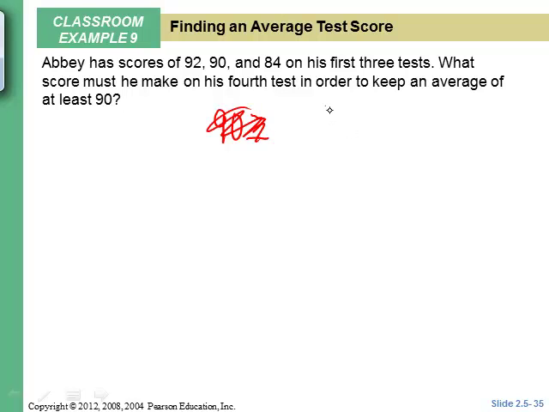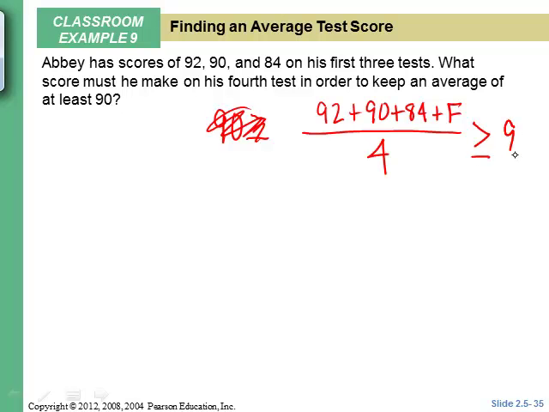The average, 92 plus 90 plus 84 plus his fourth test divided by 4 is going to be greater than or equal to 90.